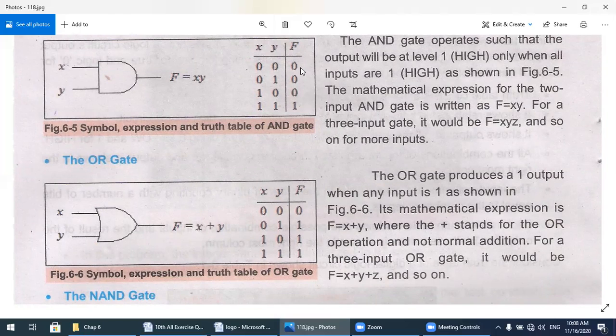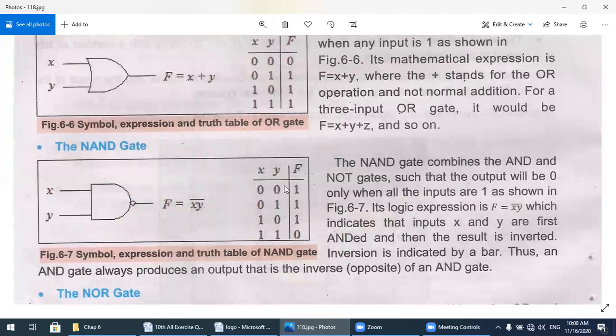Where the 0 is there, it will be 1, and where the 1 is there, it will become 0. So watch here, we apply the NAND operation on the AND. So the gate will be called the NAND gate, and its output will be x dot y with the complement over it. This shows the NAND operation.